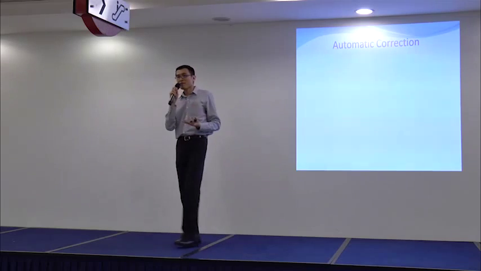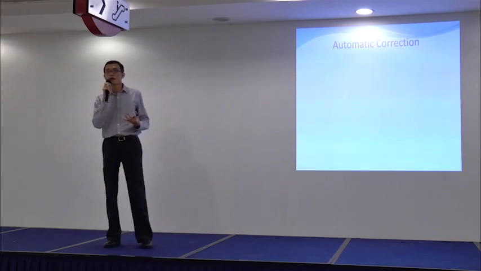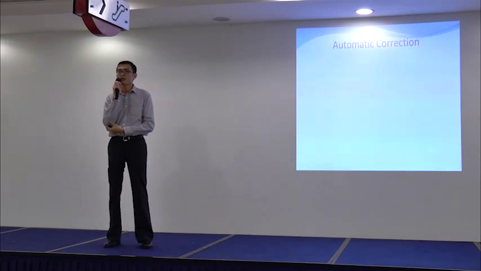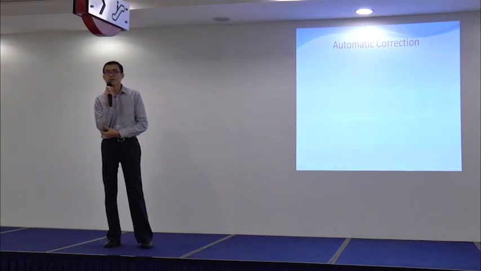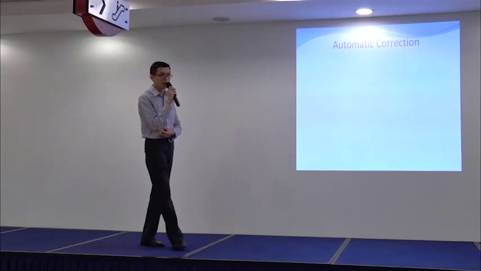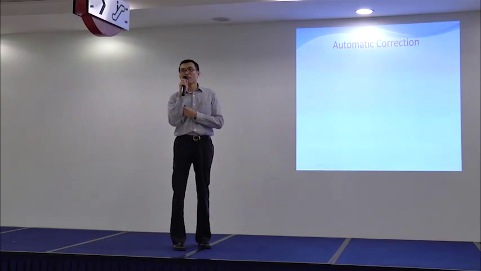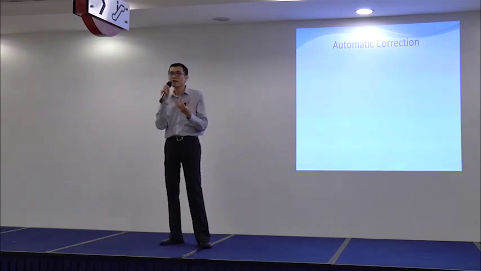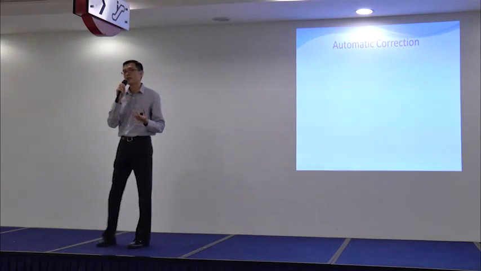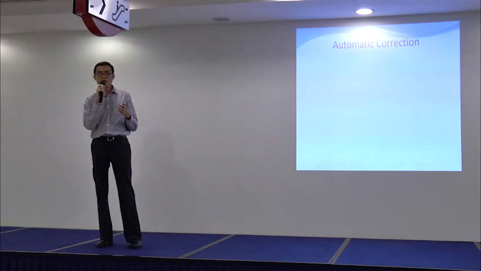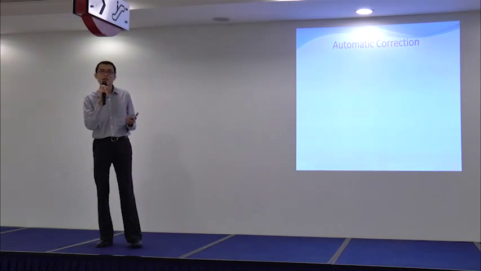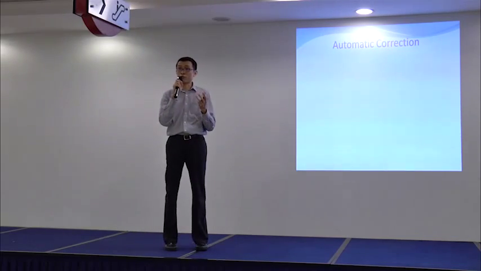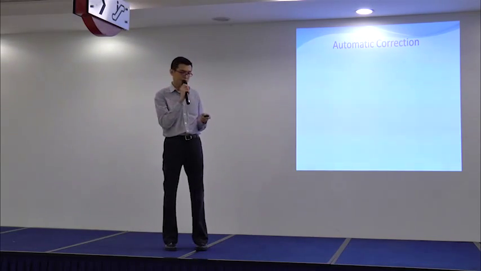One very common feature, in fact, on many apps besides Snapseed, is called automatic correction. Okay. So what does automatic correction do? Automatic correction actually tries to compensate. It analyzes your photo and looks at the contrast, the brightness, and tries to automatically correct that.